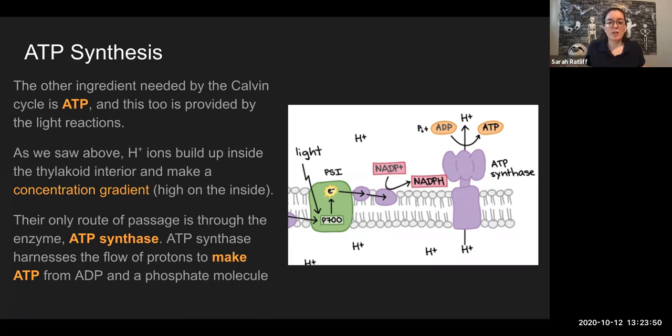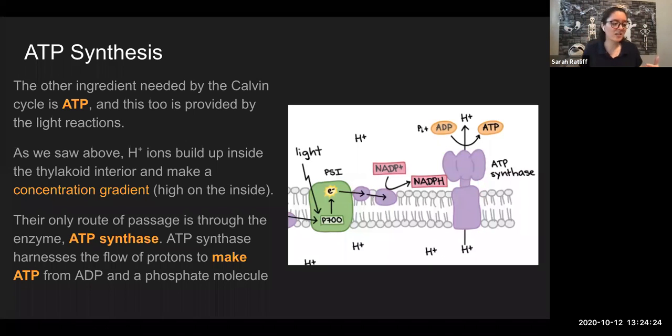So it's using this gradient to channel in those H+ hydrogen ions so that they're going through this enzyme, and it's powering the production of the ATP. So we receive adenosine diphosphate, ADP, which is a product of the reaction we're going to go over tomorrow, and a phosphate group, and it's going to stick them together as these hydrogen ions are pumping through it.